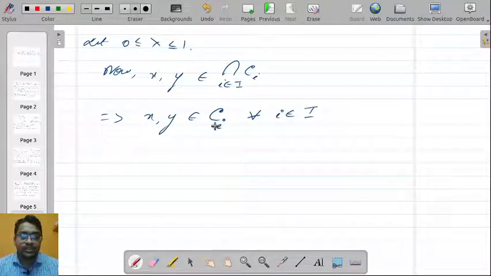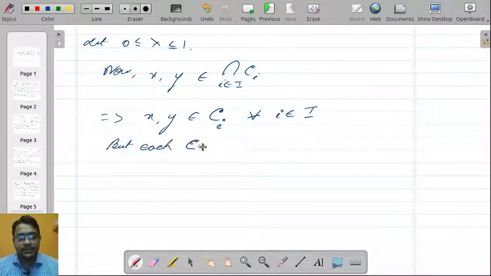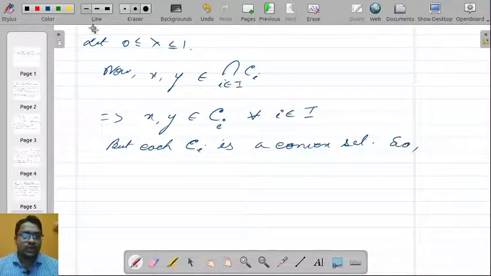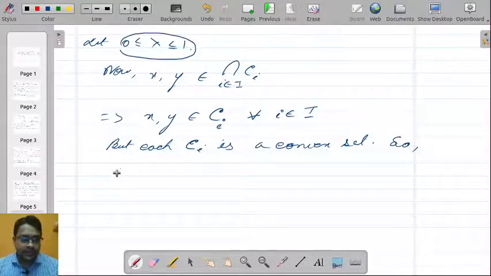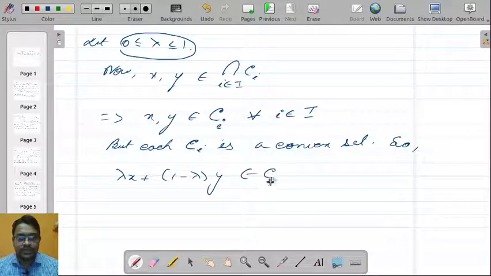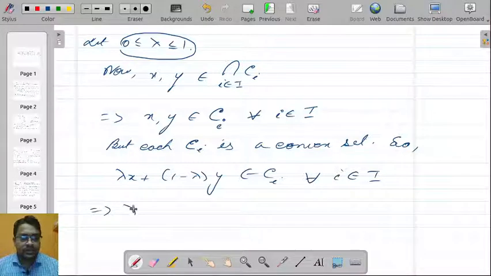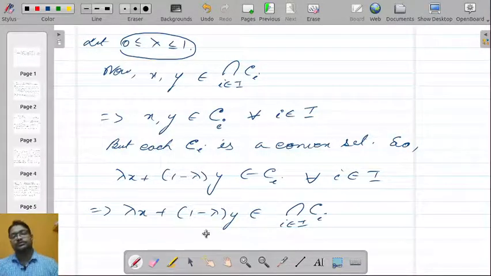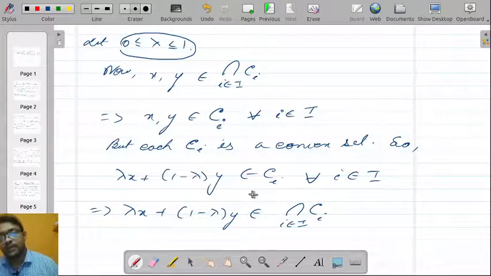But each Ci is a convex set. So lambda x plus 1 minus lambda y is also inside Ci for all i in capital I. So lambda x plus 1 minus lambda y is an element of the intersection, because it is an element in every set Ci.